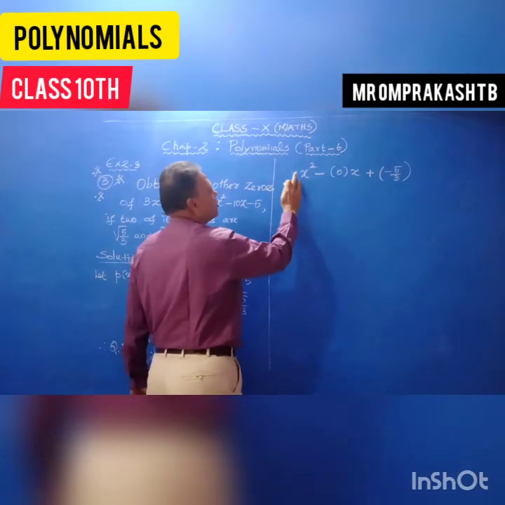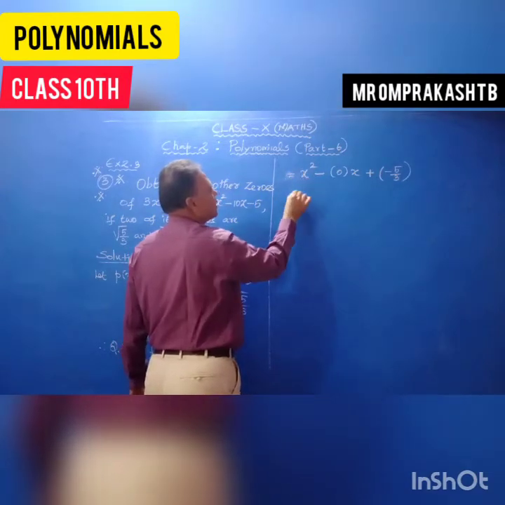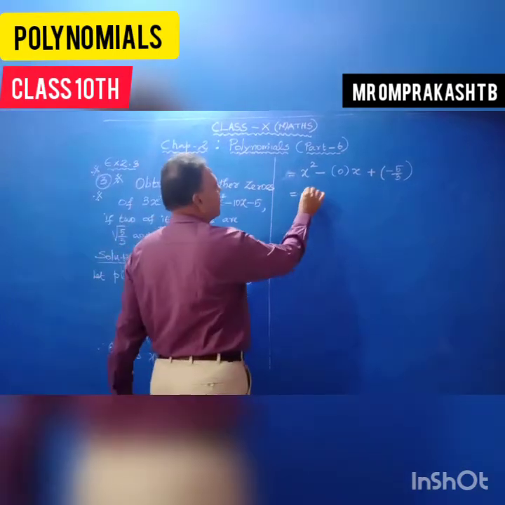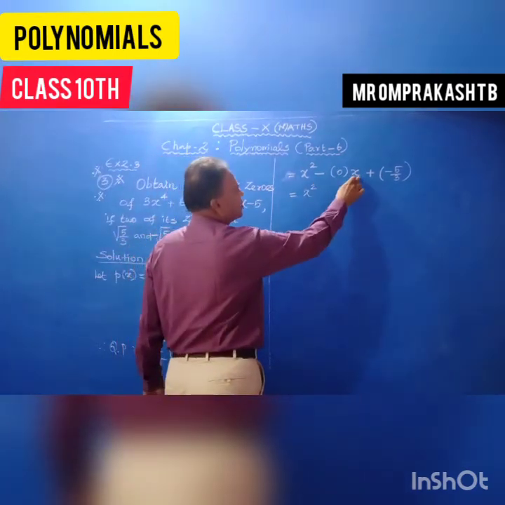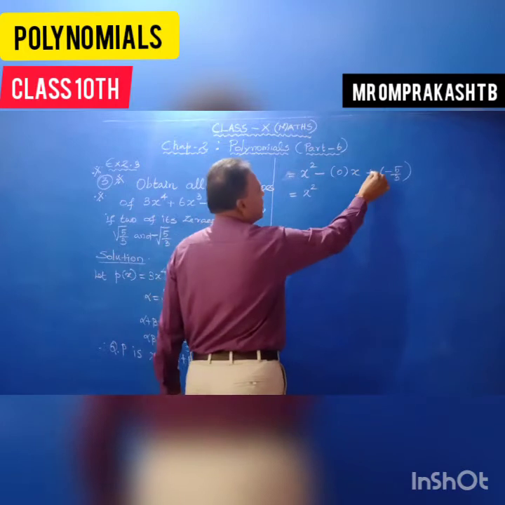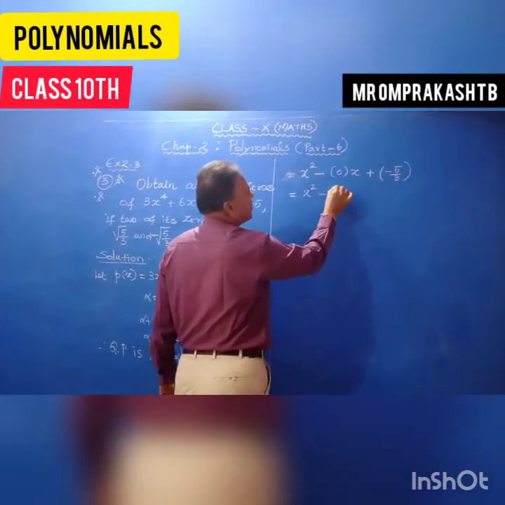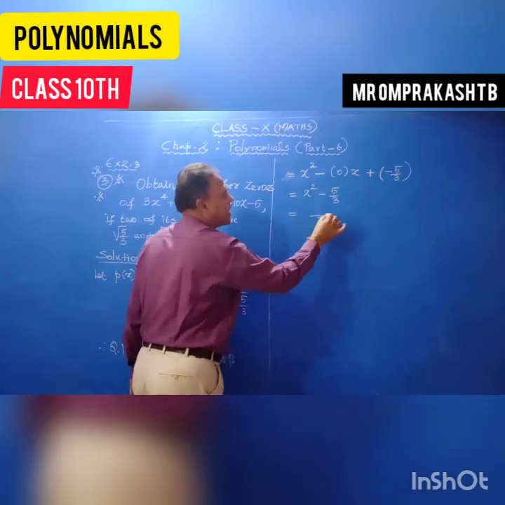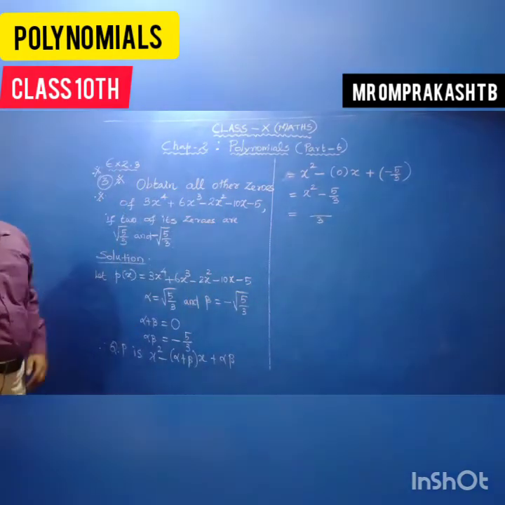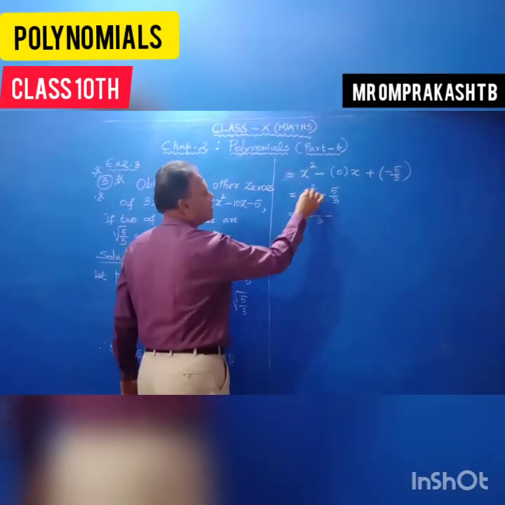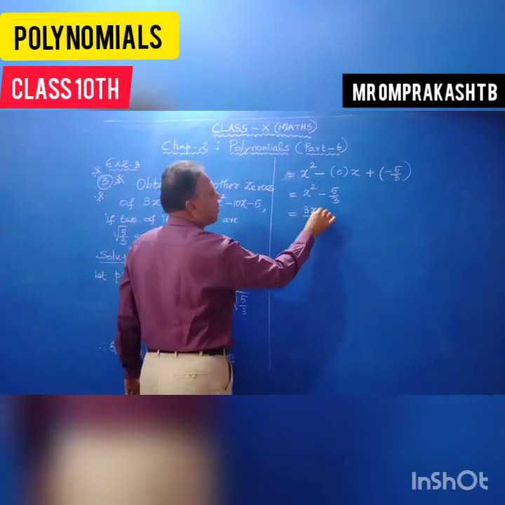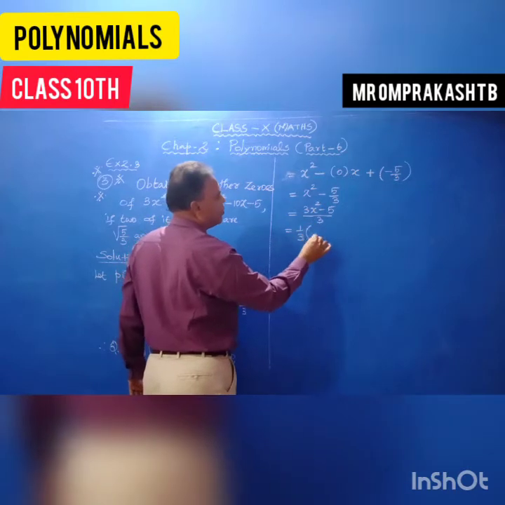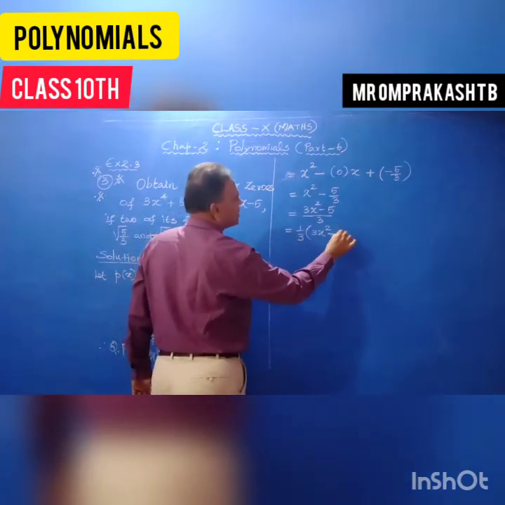That is equal to x squared, 0 into x is 0, so ignore it. Plus into minus, minus 5 by 3. Now take 3 as the LCM. What you will get is 3x squared minus 5. This can be written as 1 by 3 into 3x squared minus 5.